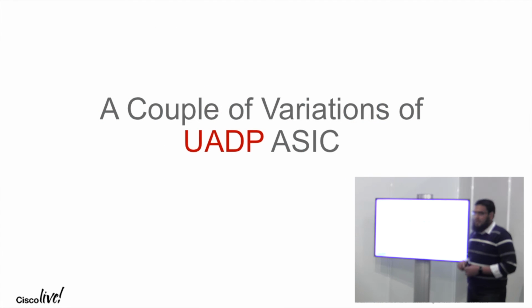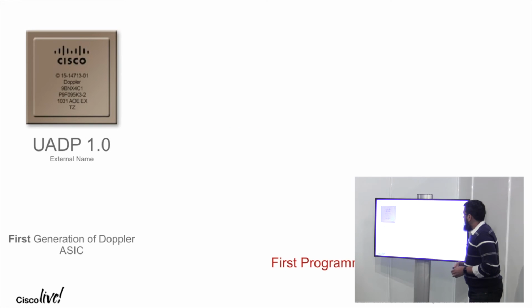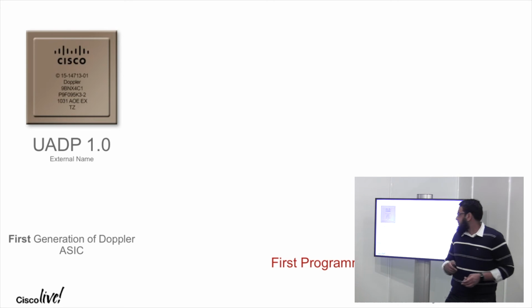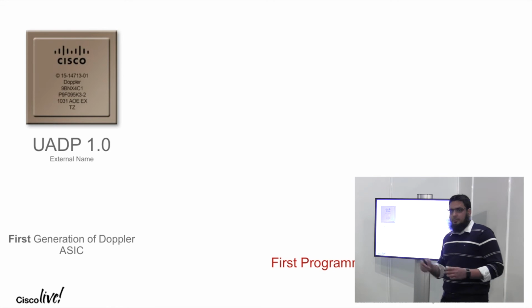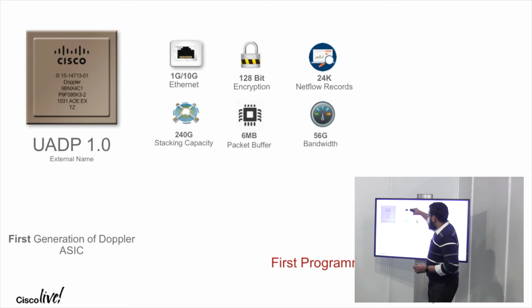Now, since we launched the Catalyst 3850 in 2013, we have introduced a couple of variations of the UADP ASIC. This is the UADP 1.0, right? Internally, this is called Doppler. It comes with the capability of 1 gig, 10 gig ports.